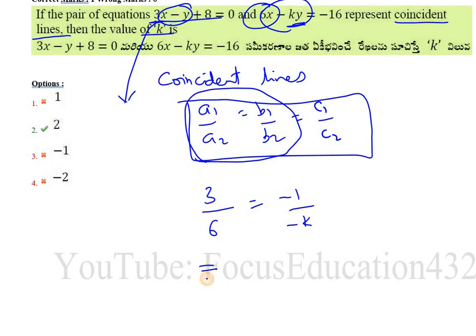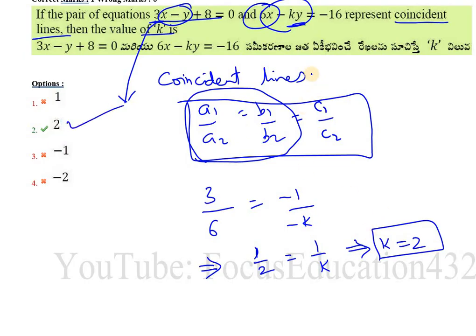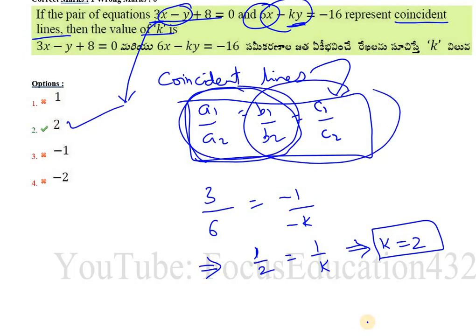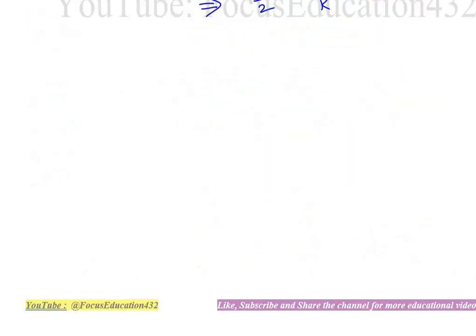So what we will get? 3 ones are 3, 3 twos are 6, so we get 1 by 2 is equal to minus, minus cancel, 1 by K. That means reciprocal. K is how much? 2. So the answer is 2. So what we have to remember? Coincident lines means this one. Either you take A1 by A2, B1 by B2, or this, anything you can take to solve.